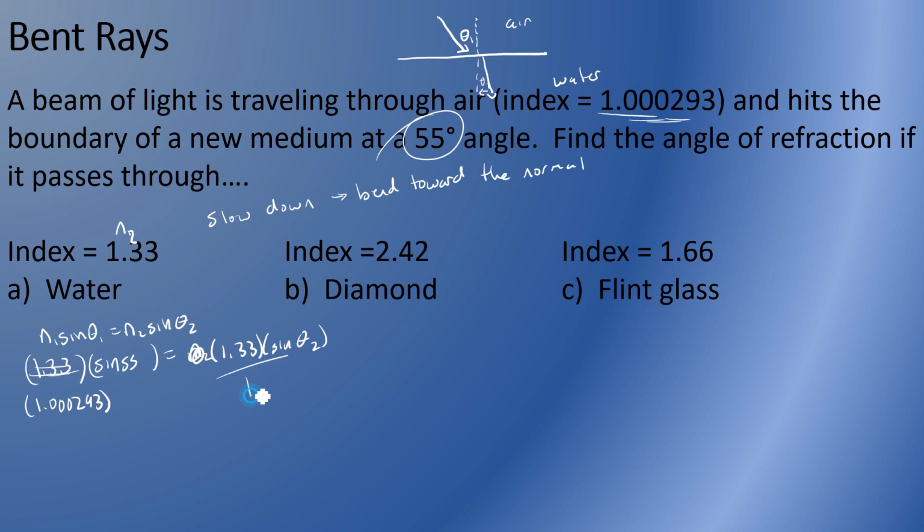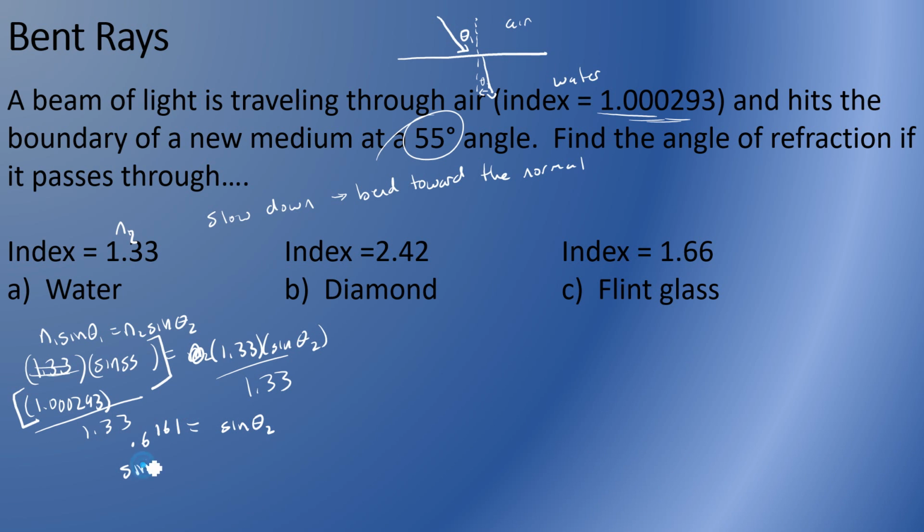Okay, so I'm going to divide both sides by 1.33. And when I go to type it in the calculator, I'm going to do this portion first right here: 1.000293 times sine of 55, making sure you're in degree mode, and then we'll divide that by 1.33, and that gives us 0.6161, equaling the sine of our angle of refraction.